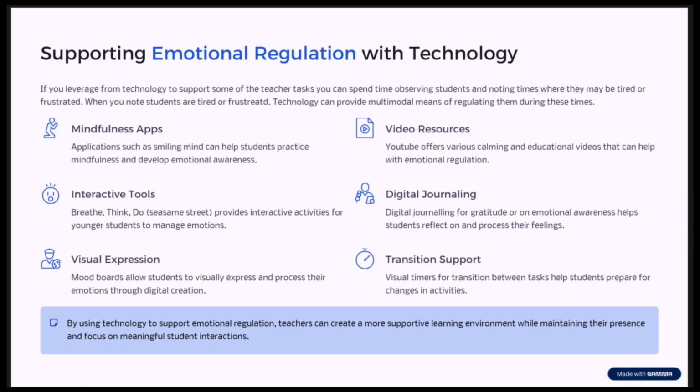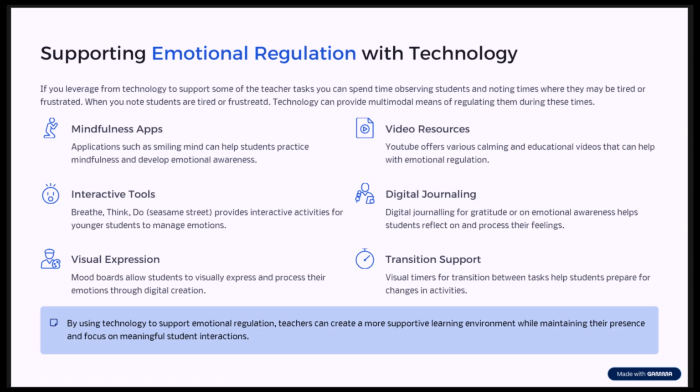The next role which technology can support teachers with is supporting emotional regulation. If you leverage technology to support some of the teacher tasks, you can spend time observing students and noting when they may be tired or frustrated. When you know students are tired or frustrated, using technology to provide a multimodal means of regulating them during these times is critical.